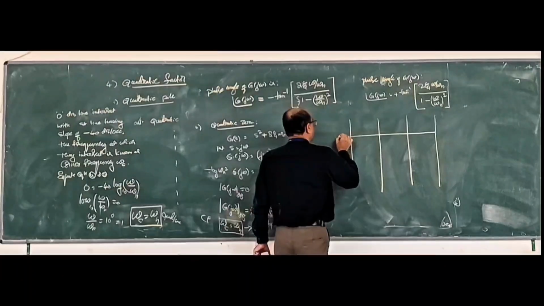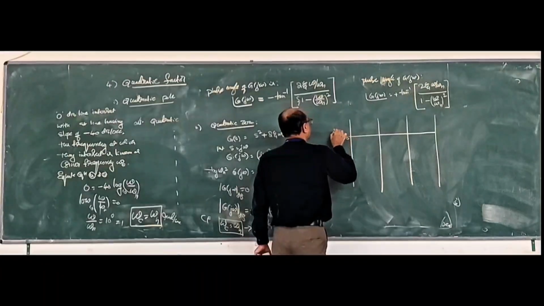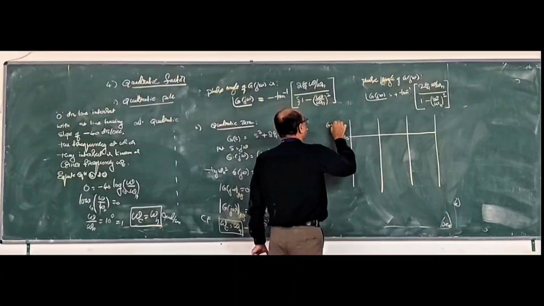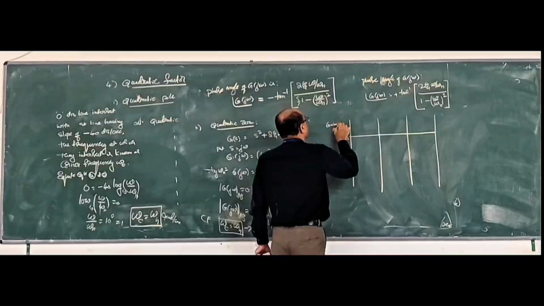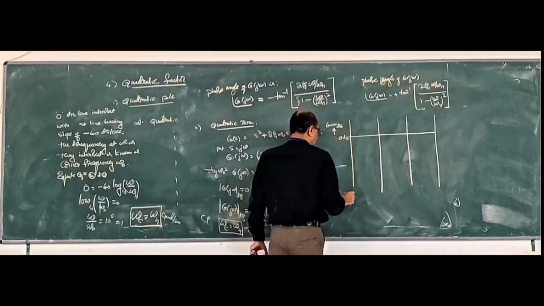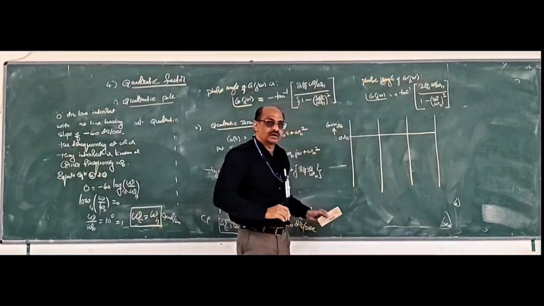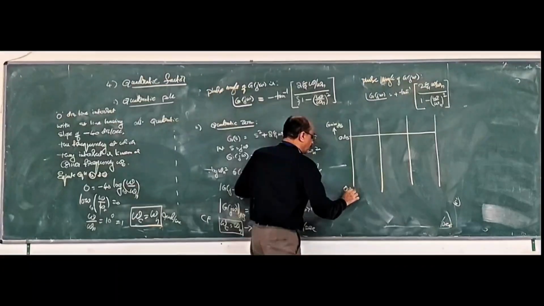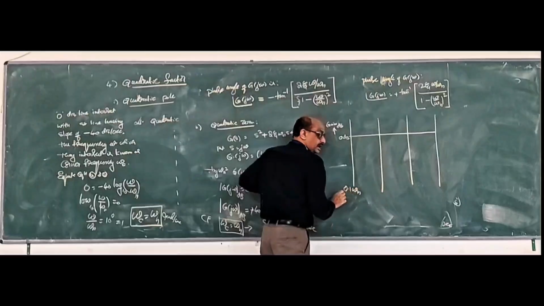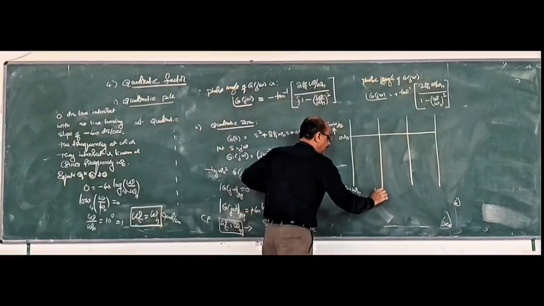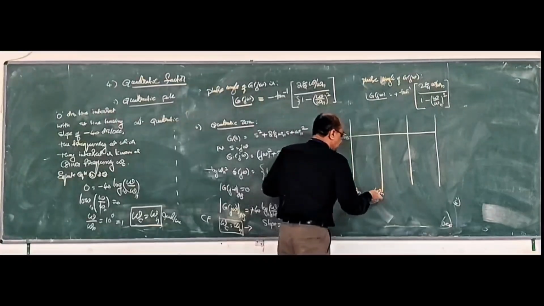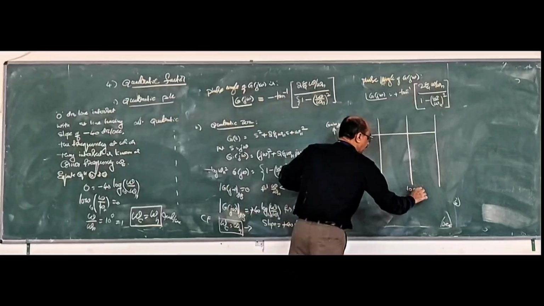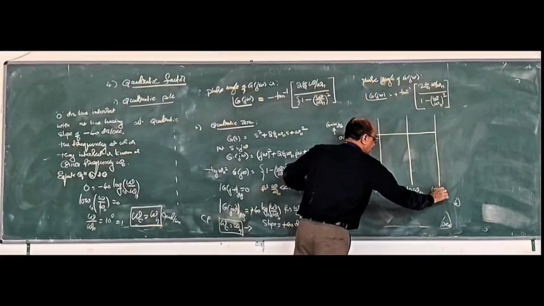So, 0 dB line, gain in dB. Here, remember omega n is your corner frequency. So begin with 0.1 omega n. Ten times of that is omega n, then 10 times of this is 10 omega n, and it goes like 100 omega n.